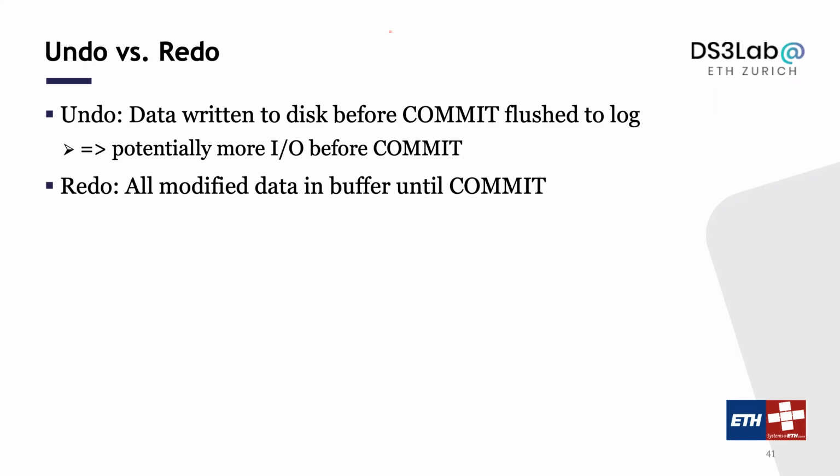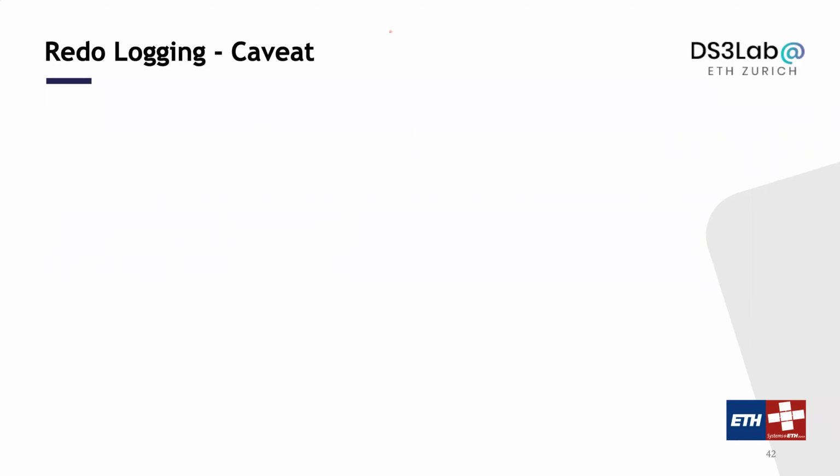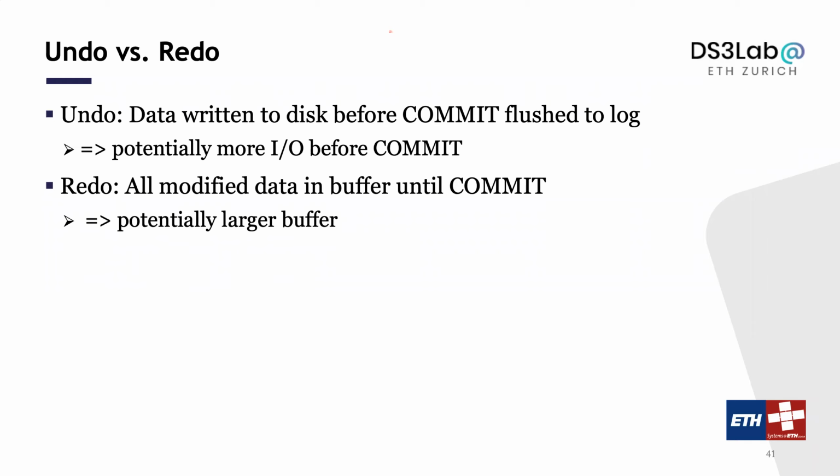On the other hand, for redo logging, all the modified data are in the buffer until commit, so potentially you need a much larger buffer, because I have more changes in memory. I don't force you to flush out all those in-memory changes when you commit.